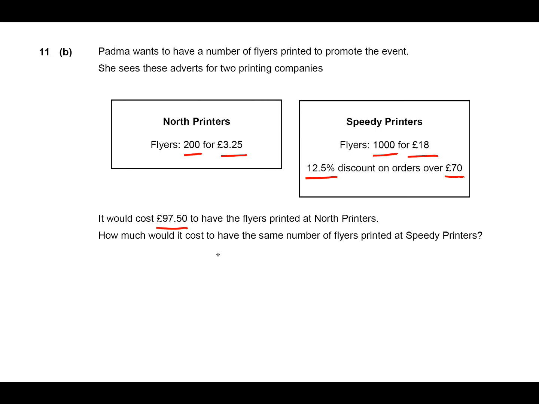How much would it cost to have the same number of flyers printed by Speedy printers? So our starting point is this amount here, the £97.50. So we need to divide by 3.25.